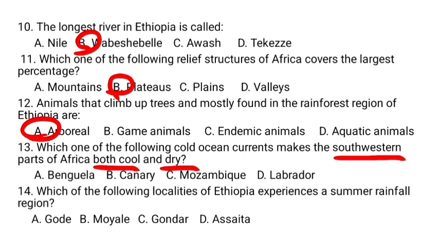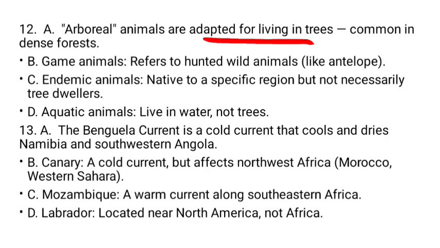The Benguela ocean current is the ocean current that makes the southwestern parts of Africa both cool and dry. Especially Namibia and southwestern Angola are more affected by the Benguela cold ocean current. So B, C, D are not the correct answer. Why?